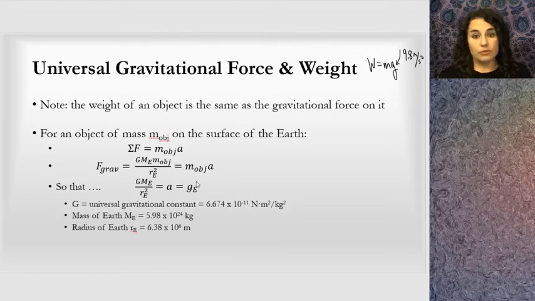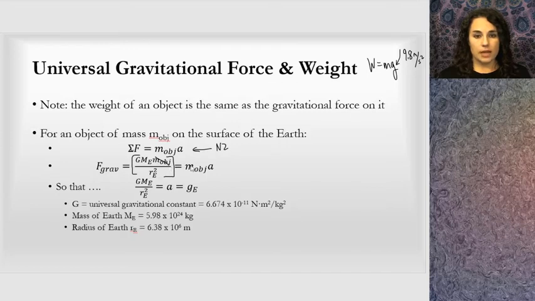It may be different for other planets, and that's why I'm extending this to a general situation. For an object of mass on the planet Earth, this is Newton's second law. I can just set up Newton's second law and say the gravitational force on it has to equal the mass times its acceleration, and I know the equation now for the gravitational force.